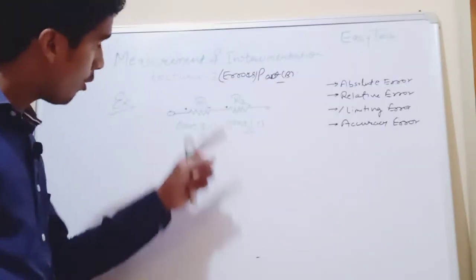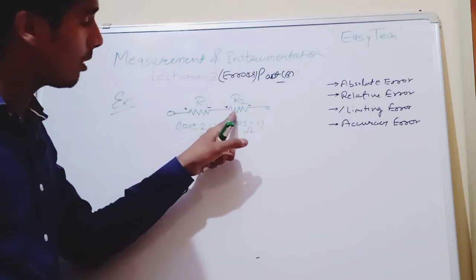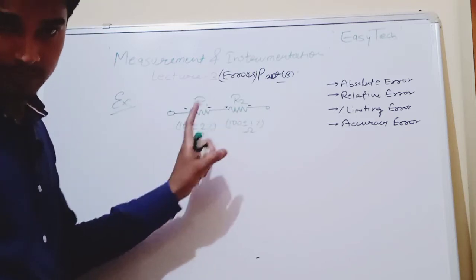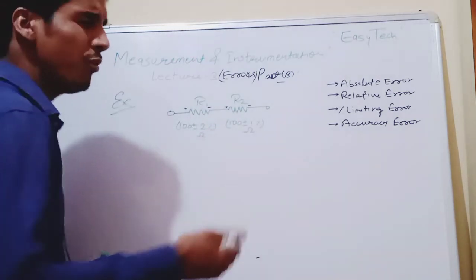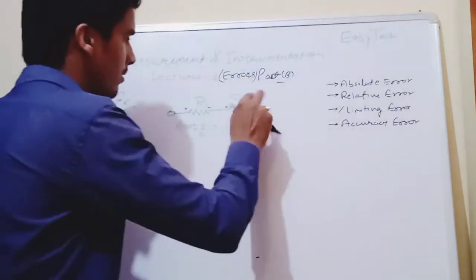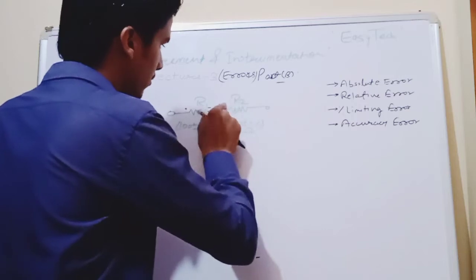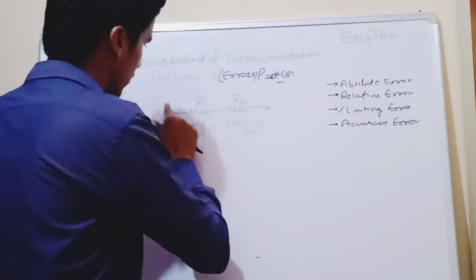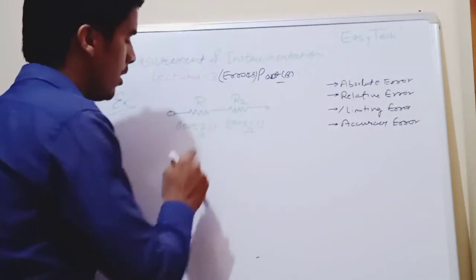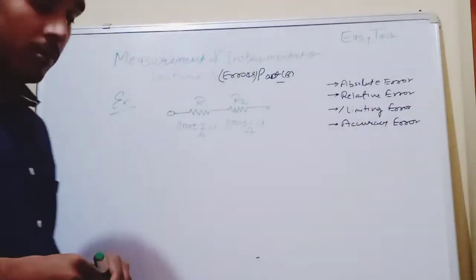The output terminal of the first resistance, taking the output terminal as negative, is connected to the input terminal of the second resistance. That means this is a series connection.